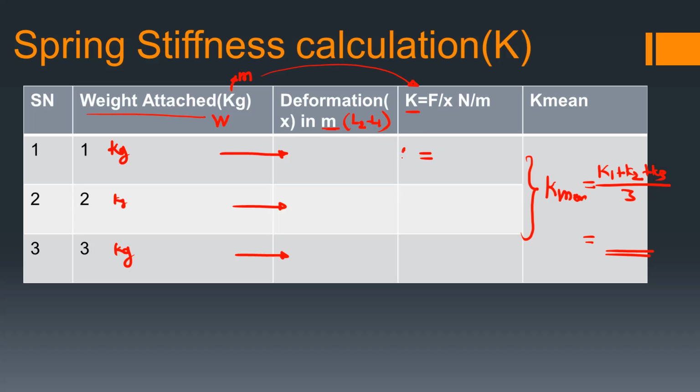So here is your K1 value. K1 is nothing but W upon X, where W will be 1 into 9.81, and you should measure this deformation, let's take this as X1. Similarly, K2 is 2 into 9.81 upon X2, and K3 is 3 into 9.81 upon X3.